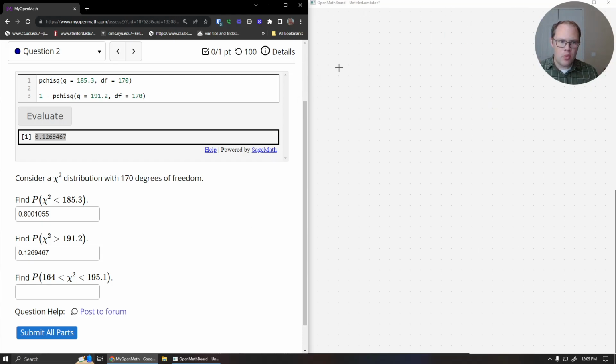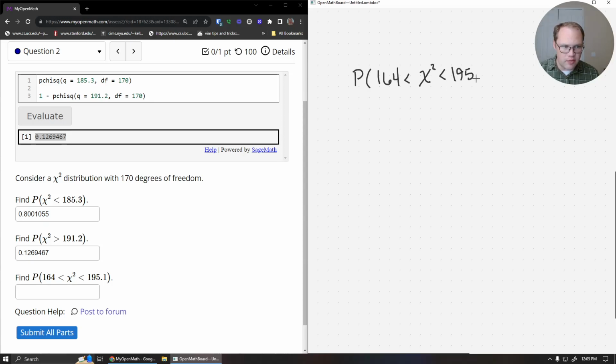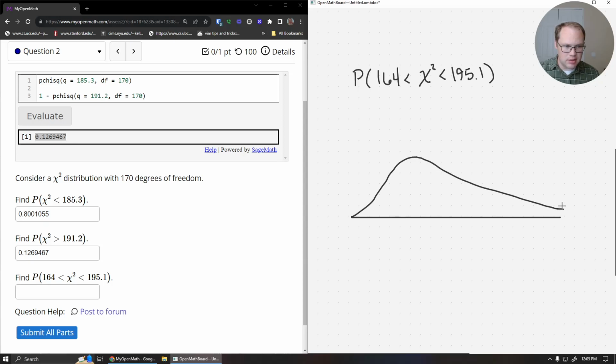All right. One probability still to calculate. We want to calculate the probability that a randomly chosen chi-square variable is between 164 and 195.1. So if we do a rough sketch of what that might look like. The mean is 170.